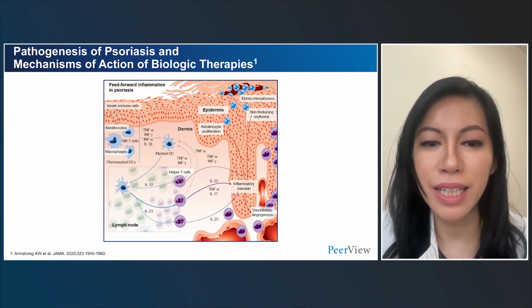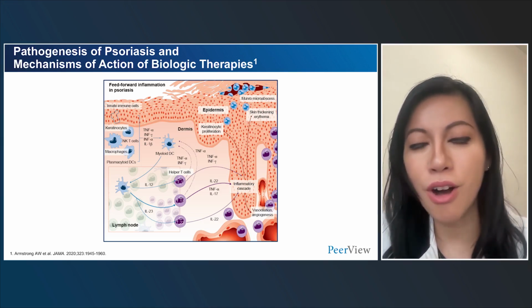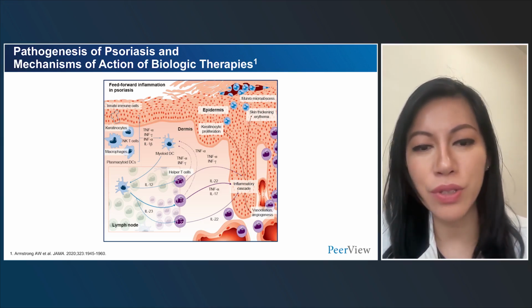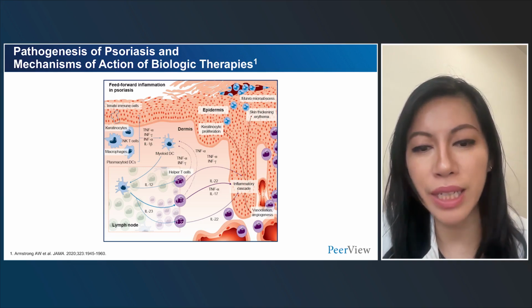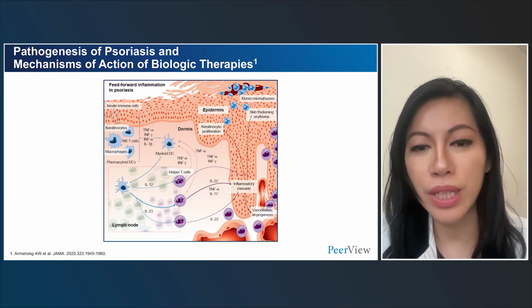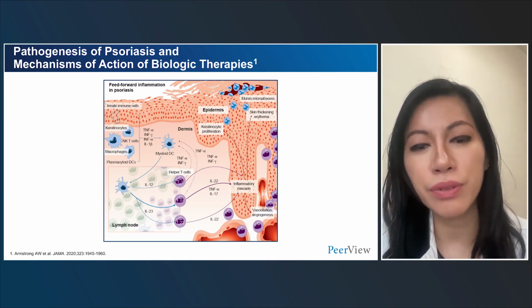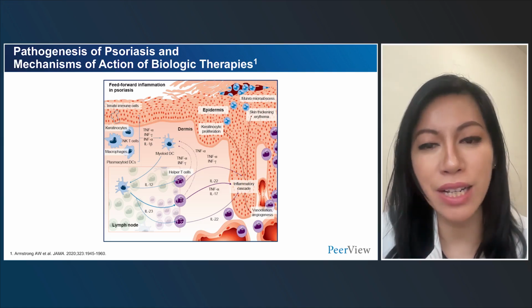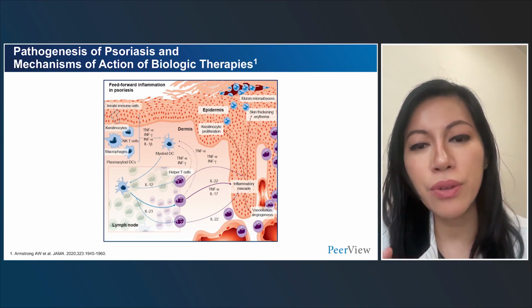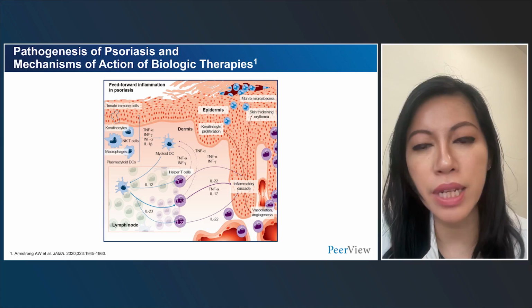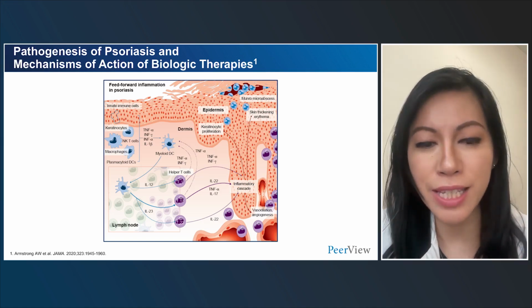So one of the key molecules, what we called master regulator of psoriasis, is IL-23. And why IL-23 is important is that IL-23 leads to the survival and proliferation of Th17 cells, which then secrete IL-17. So we know that Th17 cells and IL-17 downstream is very important for psoriasis pathogenesis.